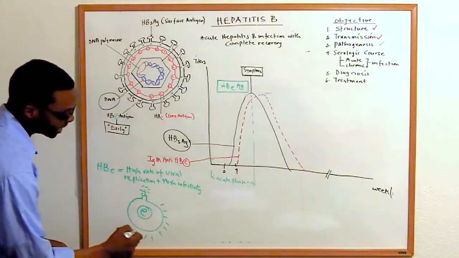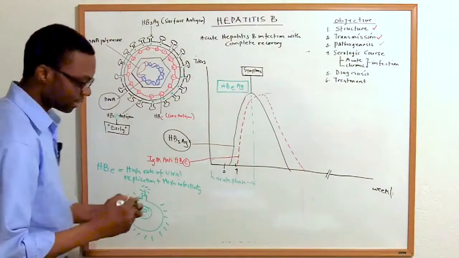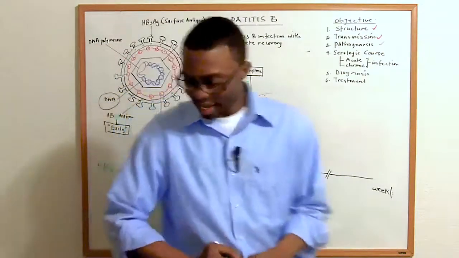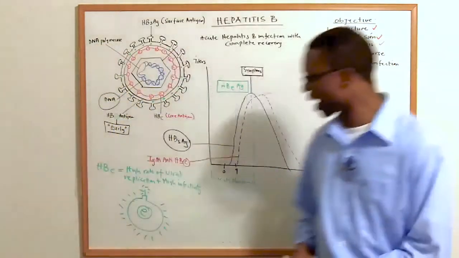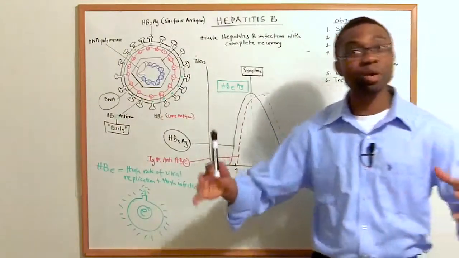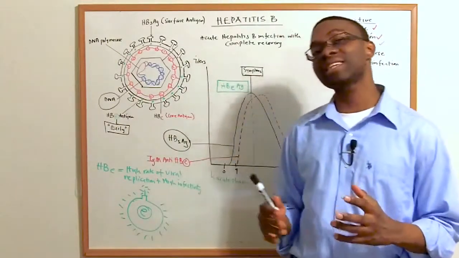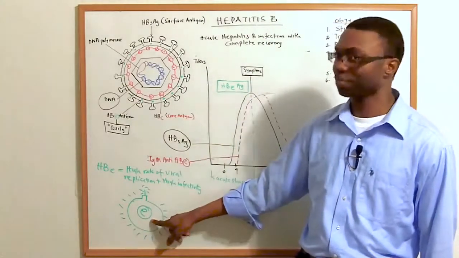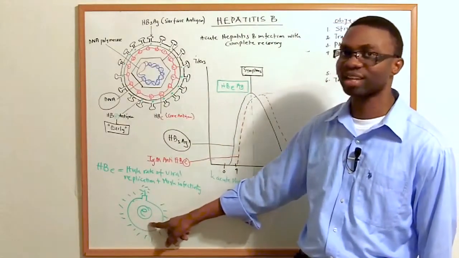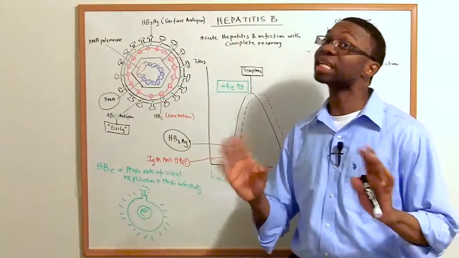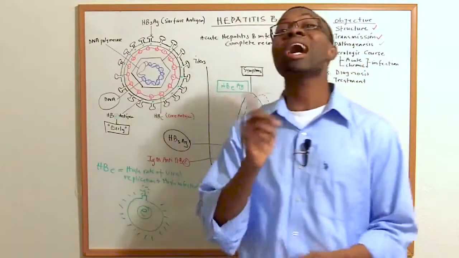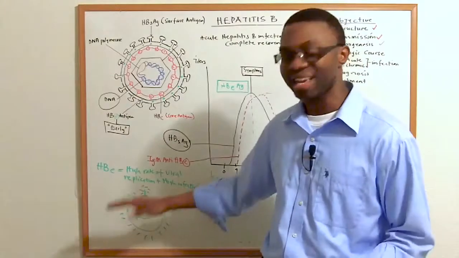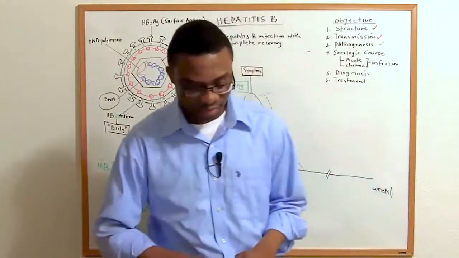I think of E as an explosion during the acute infection of hepatitis B, because when it explodes, it's very, very effective. So if you measure this and you find out a patient has high levels of this inside the blood, ooh, that is not the time you want to get stuck with that needle. They are very, very infectious.